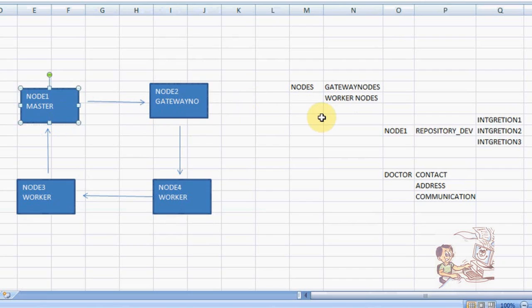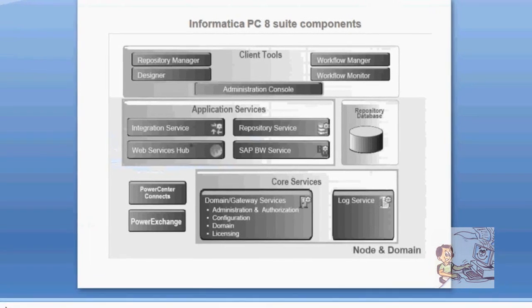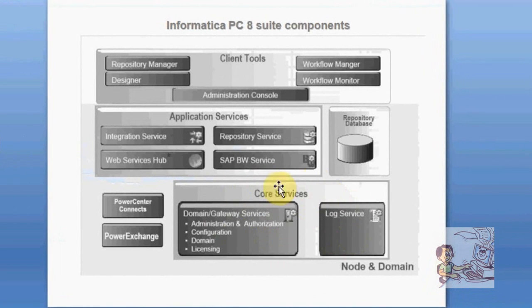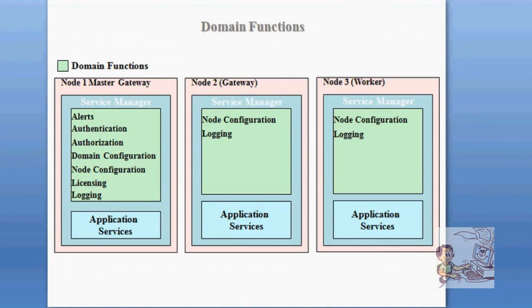Okay, and next, those are the core services. Here I'll explain one example. This is the domain. In this domain you have 3 nodes: the master gateway, a normal gateway, and a worker node.